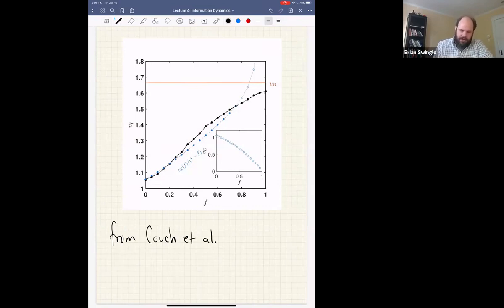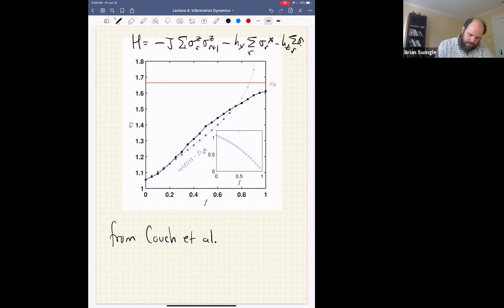What we're doing here is looking at an Ising chain, same kind of Hamiltonian as we had before, with some parameters, which you can look up in the paper.